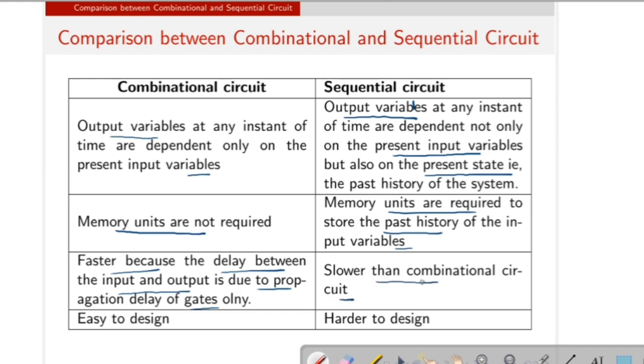Okay. So here the change in output occurs only at a particular moment. Okay, so there is a delay in the case of a sequential circuit. Then combinational circuits are easy to design, but sequential circuits are harder to design. So these are the differences between combinational circuit and sequential circuit, right?